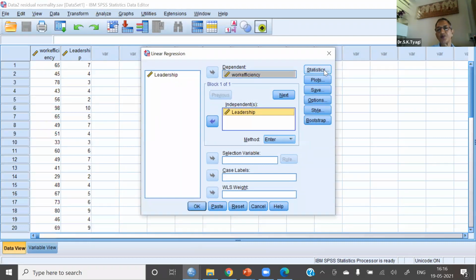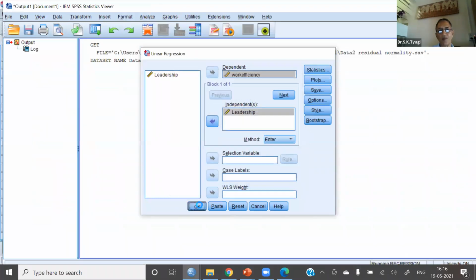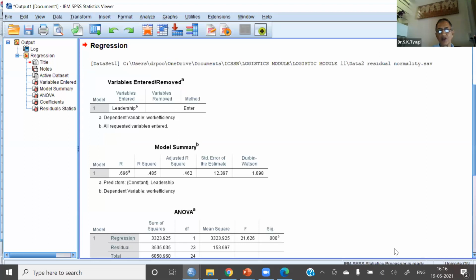This time we explore this one, statistics. And this is Durbin-Watson. We check this Durbin-Watson and continue. So here you find Durbin-Watson.